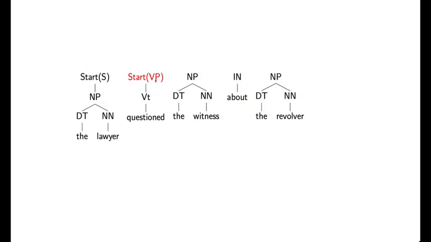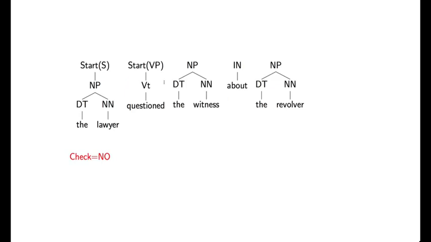In this case we choose start VP, because if you think about the structure in the tree, the correct parse tree in this case has a VP started at this point, and that's what this decision here reflects. The next thing is again a check operation. We say check equals no. If it was yes, we would have completed this VP, and we would have this structure here.